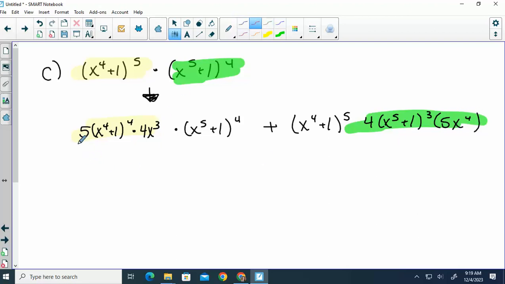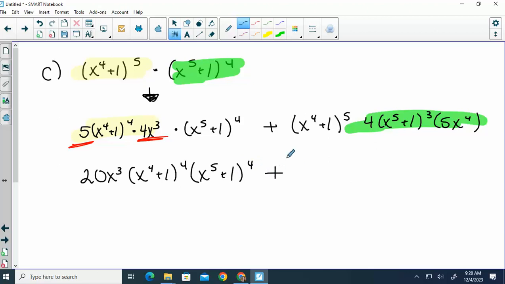So just any easy simplifications we could do. So we would have a 20x cubed, x to the 4th plus 1 to the 4th, x to the 5th plus 1 to the 4th. Here we could take the 4 and the 5x to the 4th, so 20x to the 4th, x to the 4th plus 1 to the 5th, x to the 5th plus 1 cubed.